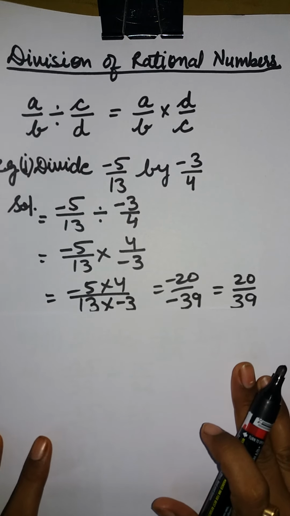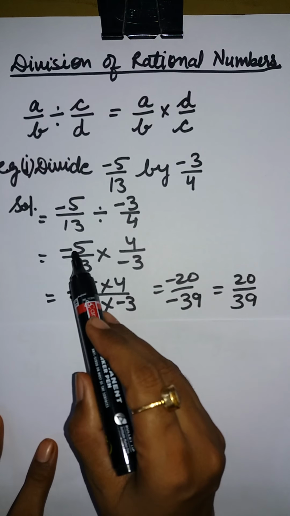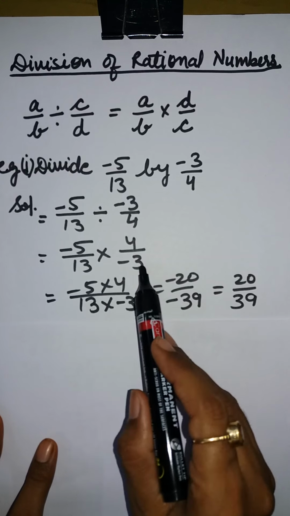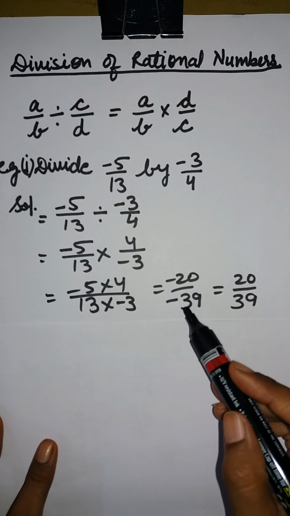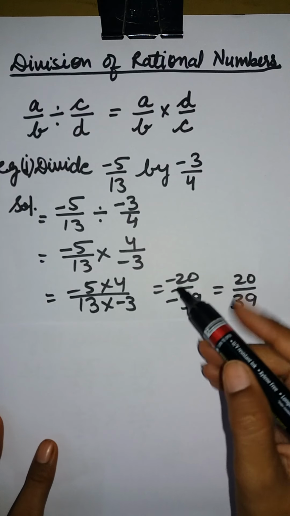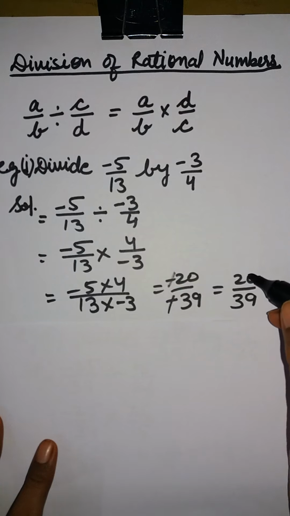Now we follow the rules of multiplication. Simply we multiply the numerators and numerators, denominators and denominators, and we get the result here minus 20 by minus 39, where the minus sign will be cancelled by the denominator's minus sign and it gives us positive 20 upon 39.